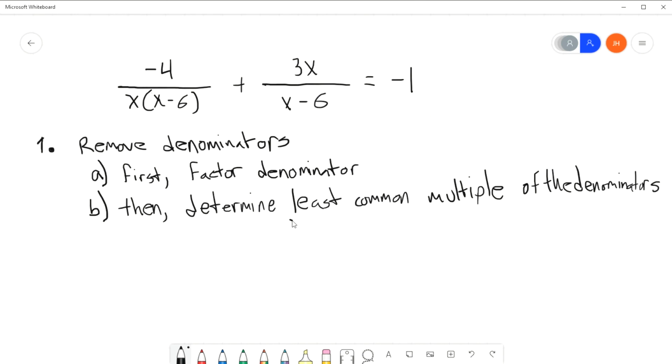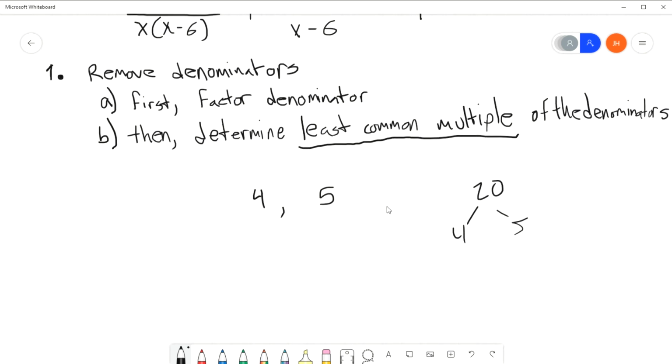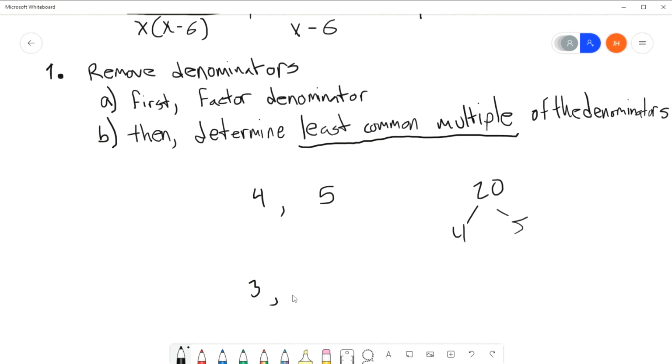Now, you may be saying, what does that mean? What is least common multiple? I'll show you guys an example. Y'all have actually done this before. What if I had the numbers 4 and 5? The least common multiple of 4 and 5 is 20. Why? Because 20 has factors 4 and 5. What about the least common multiple of 3 and 2?